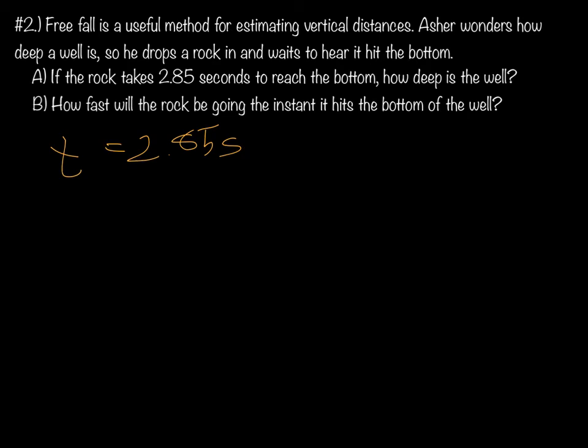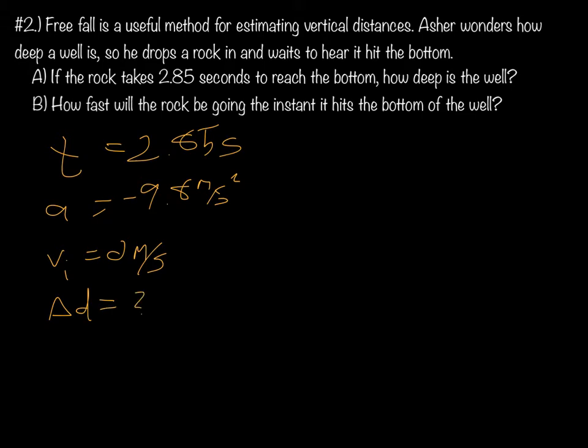And we know that the acceleration is negative 9.8 meters per second squared. And we know that if he's dropped, the initial velocity is 0 meters per second. And what we want to know is how deep the well is. So delta D is what we're looking for.